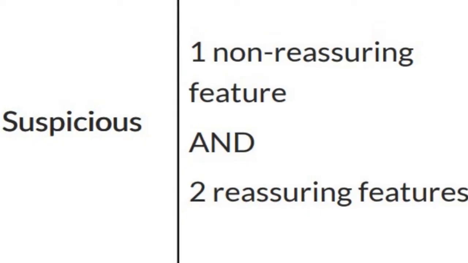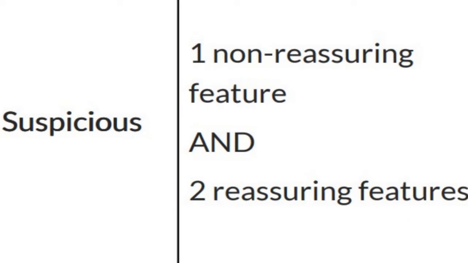Coming to the overall impression after the CTG, we should categorize the CTG as normal CTG. In this condition, the intervention will be continuation of the observation of the CTG. We consider the CTG suspicious if we have one finding only non-reassuring and two findings reassuring.